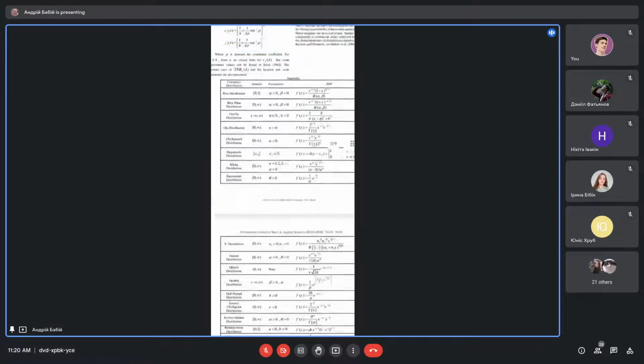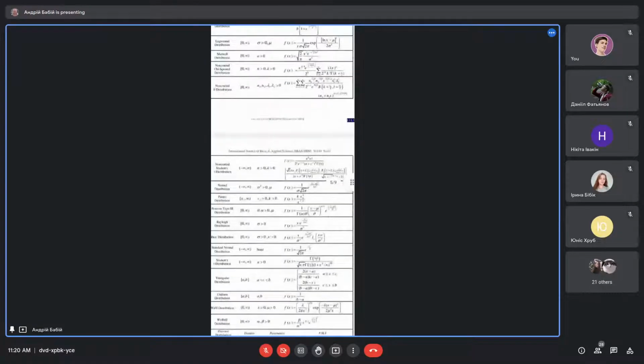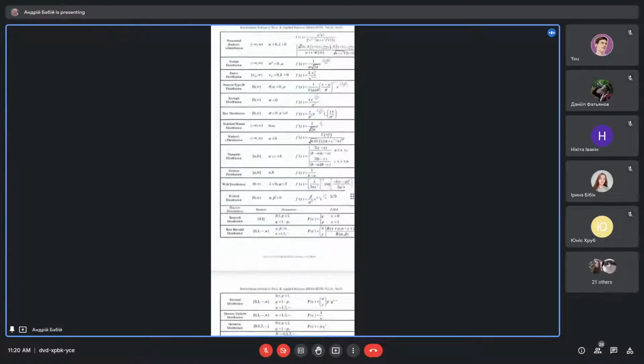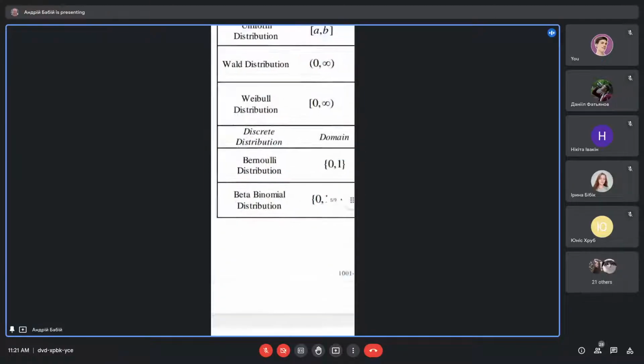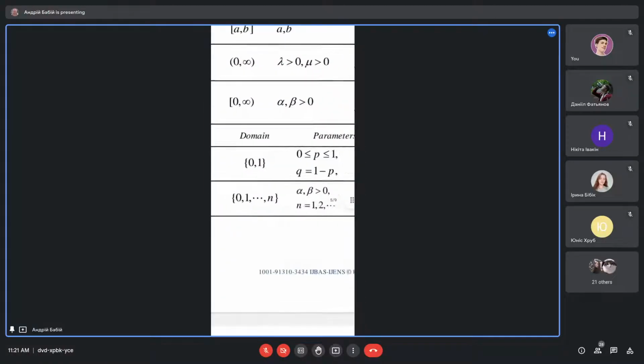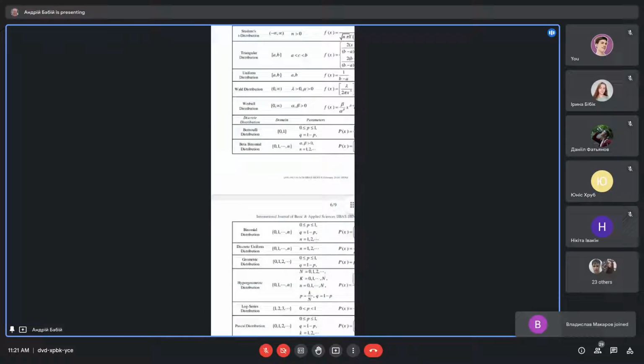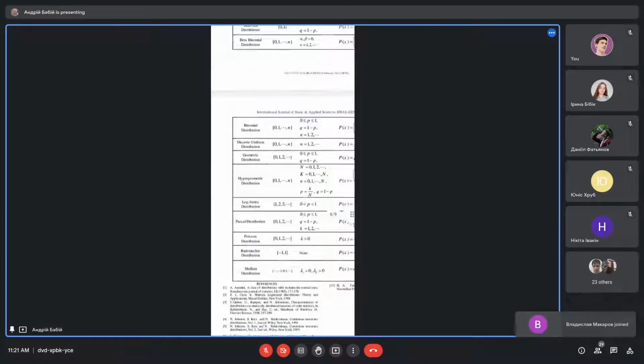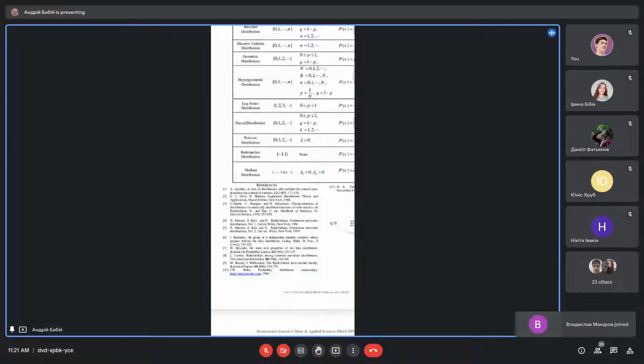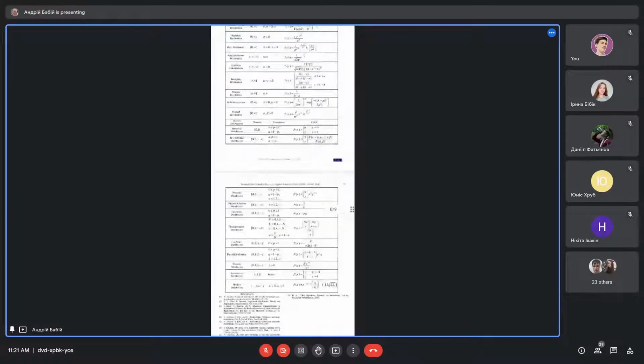And I will show you also discrete distributions. You can see here, discrete distributions, same domain, parameters, and first is Bernoulli, Poisson, and so on.